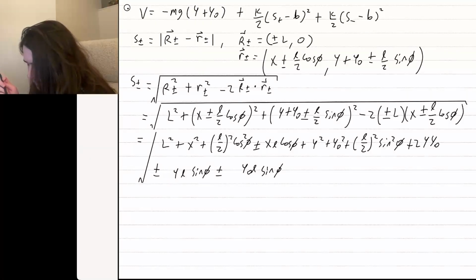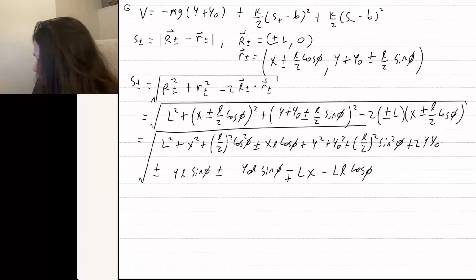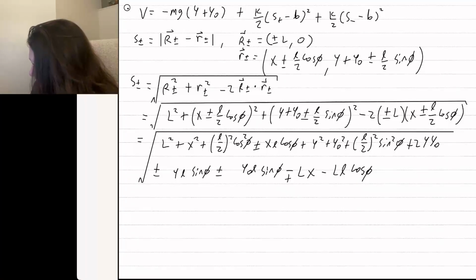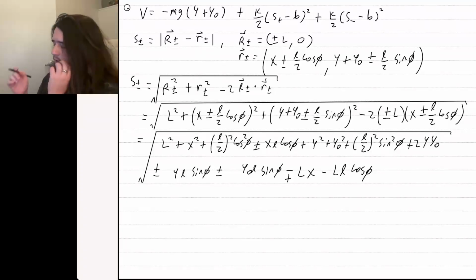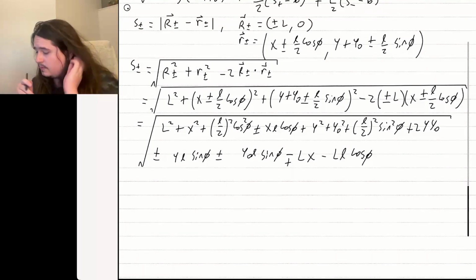Yeah, cool. And then that should be all of the cross terms in there. Then we'll hit minus or plus Lx, and then just minus big L, little l cosine phi, and that should be everything.